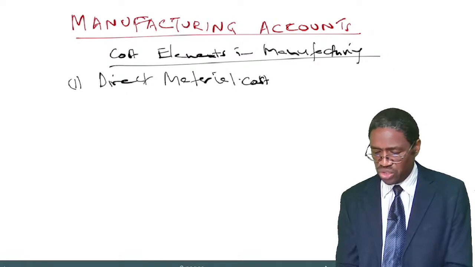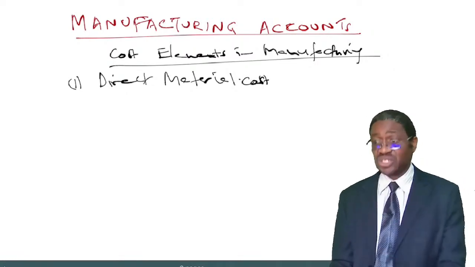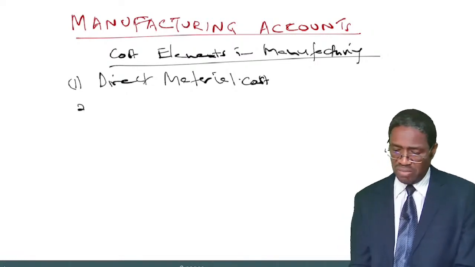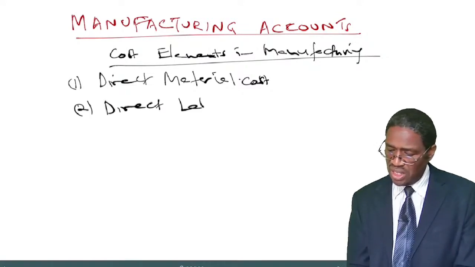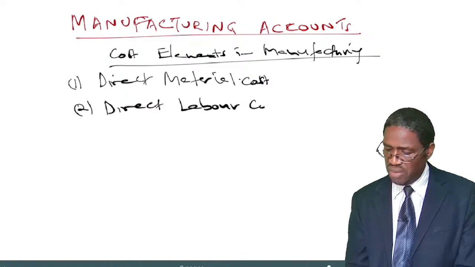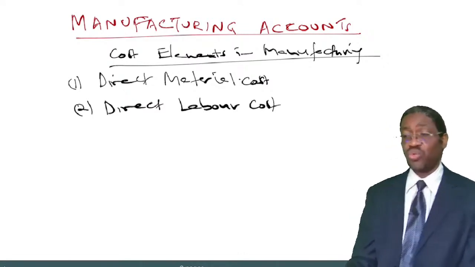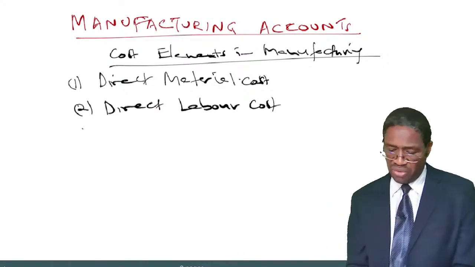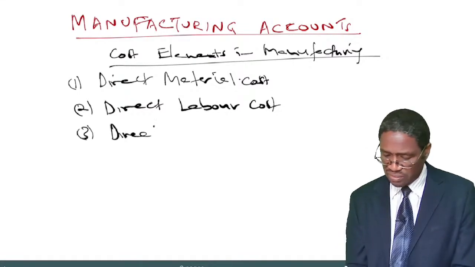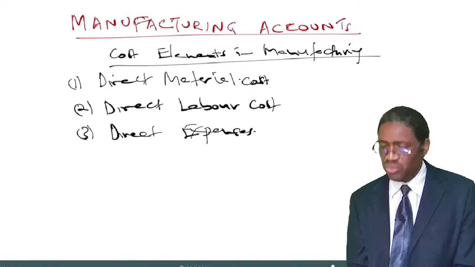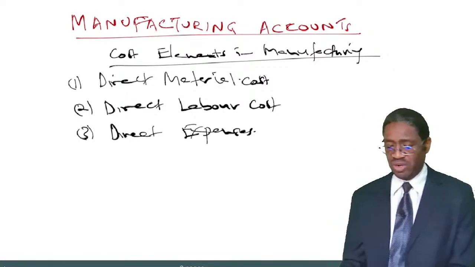That's one of the costs you will incur in the manufacture of whatever you're manufacturing. Number two is what we call direct labor cost. That's another cost you will incur. Number three, another cost you will incur is what we call direct expenses.